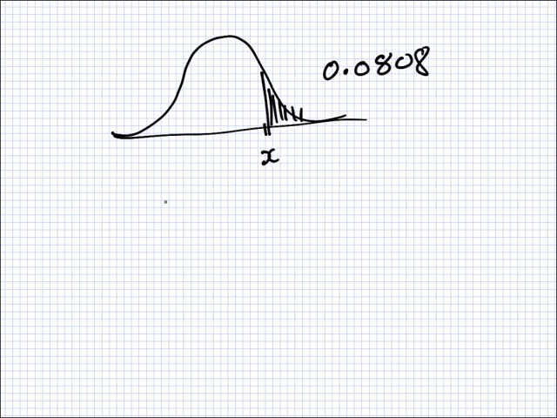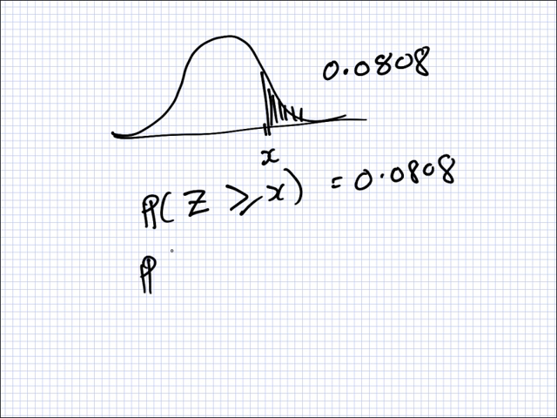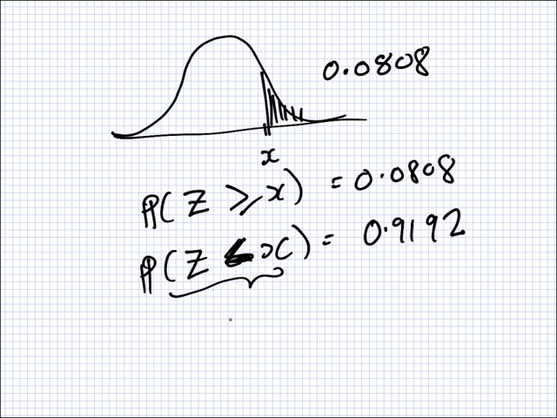So we need the probability that Z is bigger than or equal to X to be 0.0808. That's another way of saying that the probability that Z is smaller than or equal to X is 1 minus that. What is 1 minus that, please? 0.9192. Okay. We know that to calculate this, we just have to look up the formula book at X.